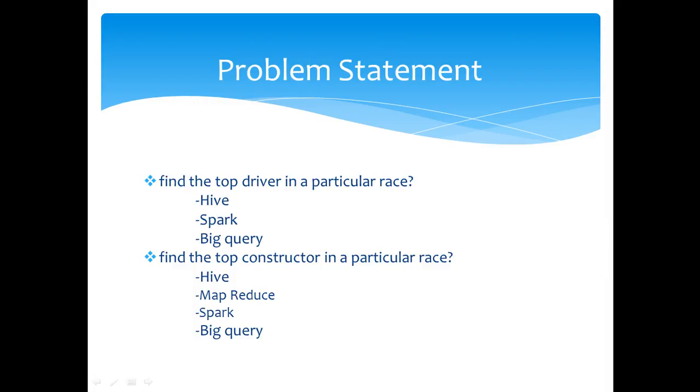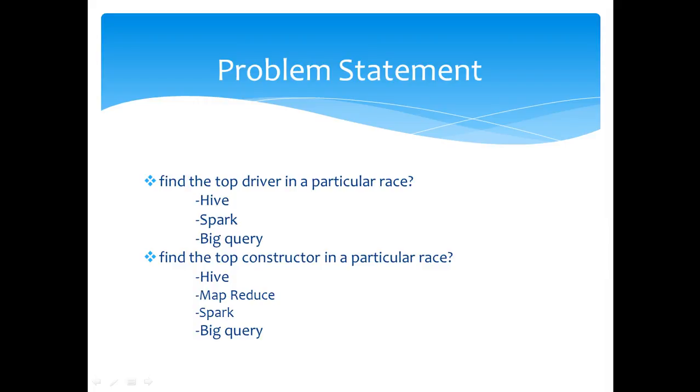Coming to the work of our project, I am taking two major problem statements from this dataset. First, to find the top driver in a particular race, and second, the top constructor in a particular race.